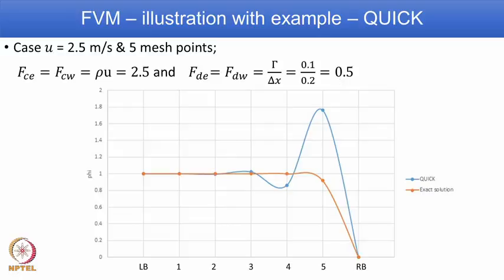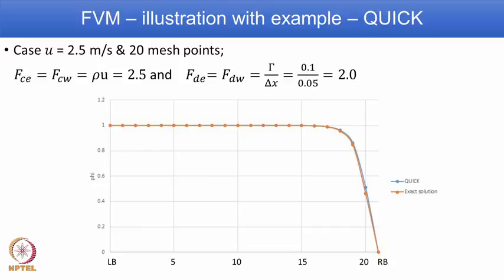Now, we will see in the next slide the same flow condition, that is 2.5 meters per second. Instead of 5 mesh points for the same domain, increase it to 20 mesh points. Again rho u remains 2.5, because it is a function of velocity and density, whereas diffusion is changed, gamma by delta x is 0.1 by 0.05, which is equal to 2.0.